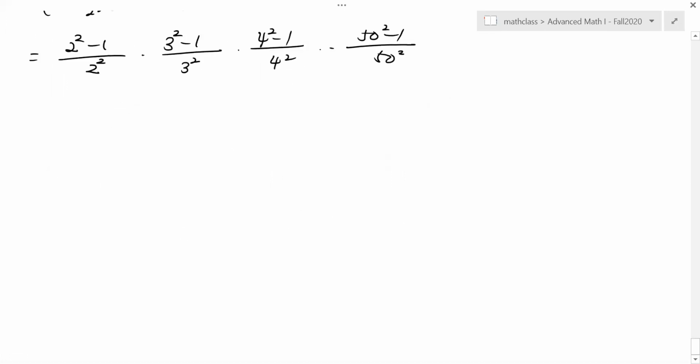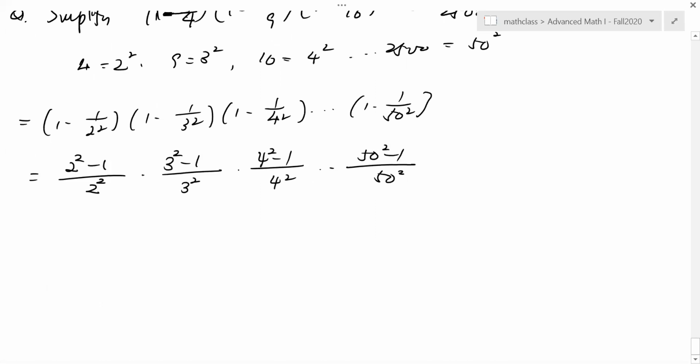So now I still cannot cancel terms. Don't worry. Remember, when you see a square minus b square, where 1 is 1 square, then you should know what the next step is, right? So a square minus b square equals a minus b times a plus b, okay?